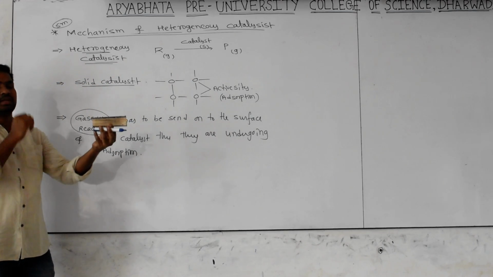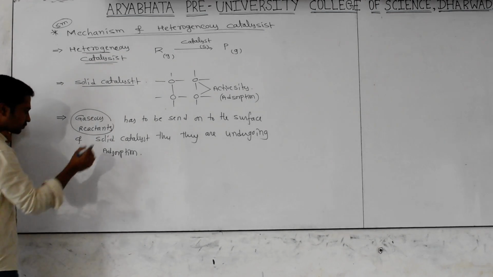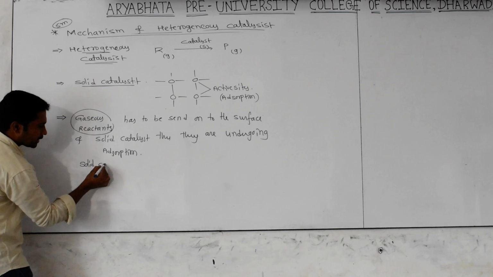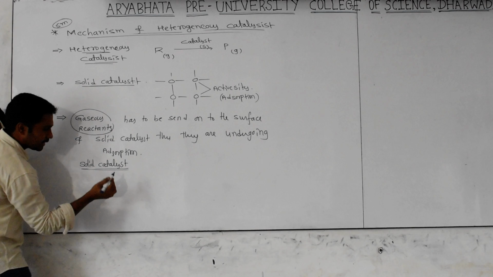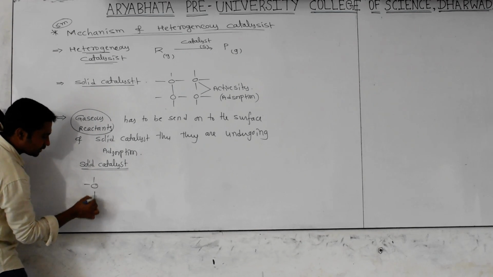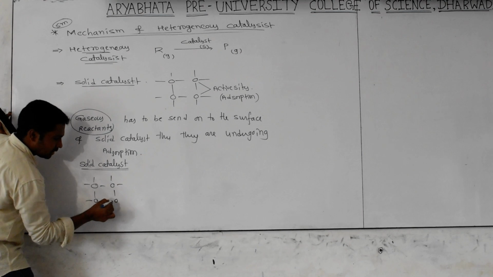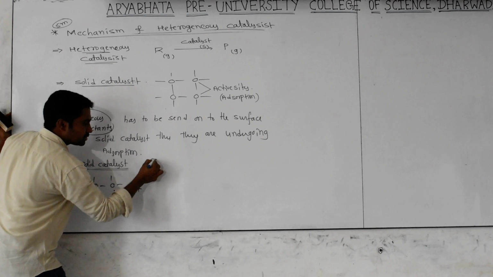That phenomenon is nothing but adsorption. How it happens I am showing here, see carefully. You take a solid catalyst, and already we know that on its surface some active centers or active sites will be there, like this. Onto this, what are you sending? Gaseous reactants.